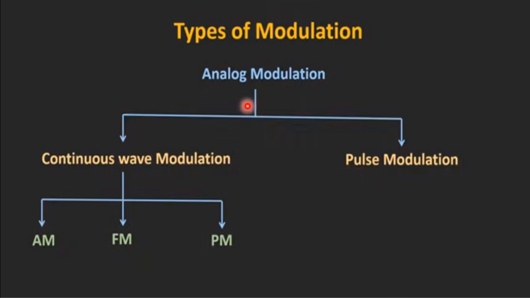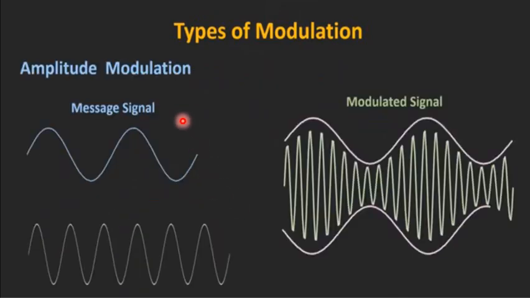Let us further classify continuous wave modulation. Continuous wave modulation can be classified into three types, that is amplitude modulation, frequency modulation and phase modulation. Amplitude modulation: in the case of amplitude modulation, the amplitude of the carrier wave is changed according to the message signal.